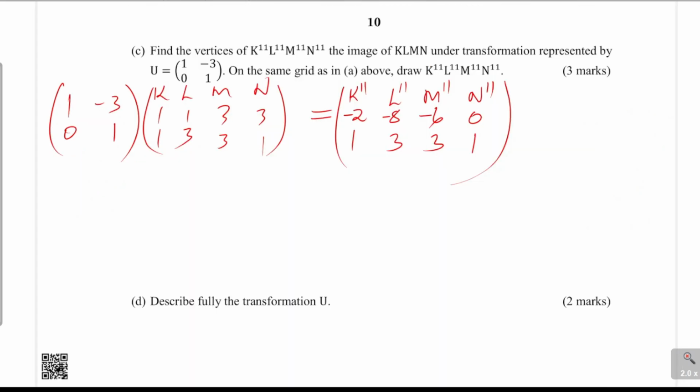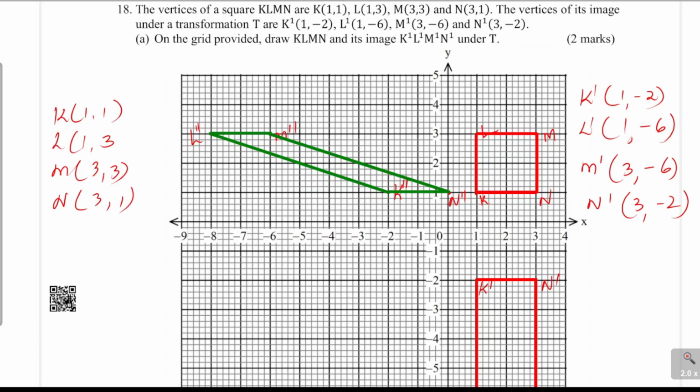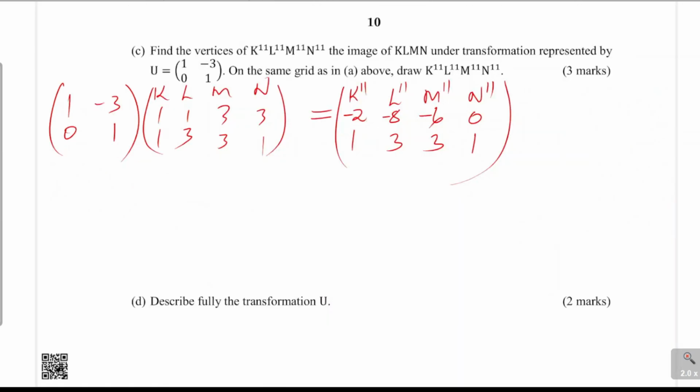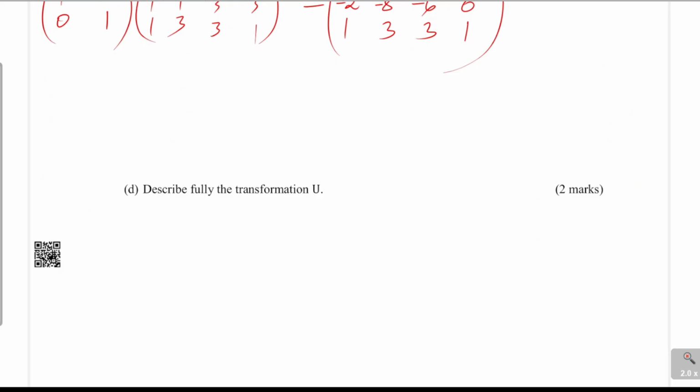So now, after identifying that one is shear, how do you describe a shear fully? Number one, by giving the shear factor. And how do you give the shear factor? I'll write it here. You give the shear factor by getting the displacement of an object point to the image point.